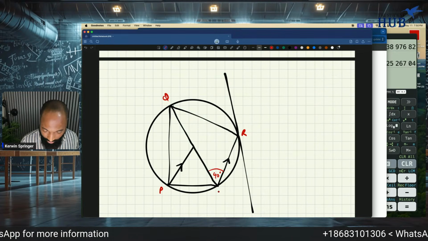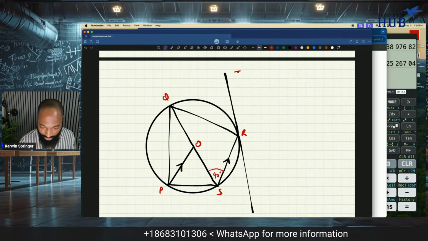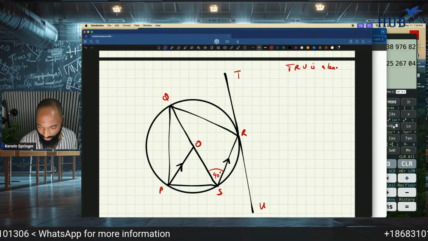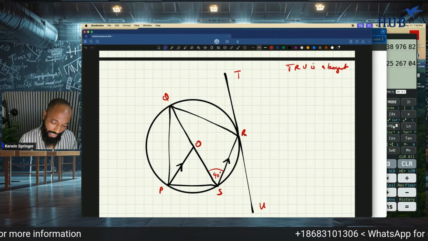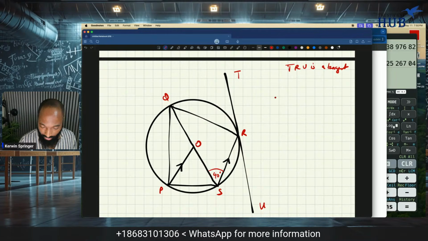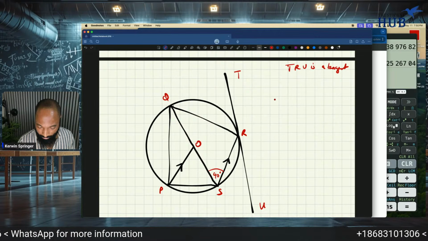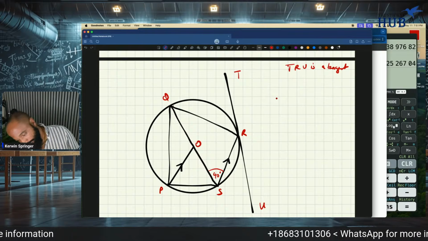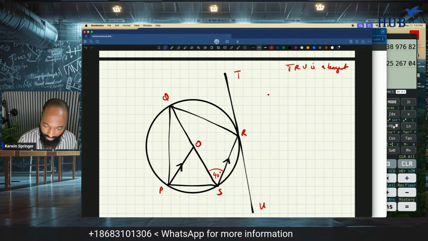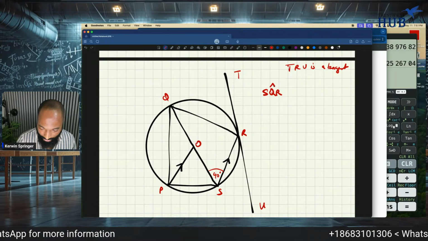PQRS, O. TRU is a tangent at the point R. I want to get the value of, let's start off simple, SQR, everybody could do that.